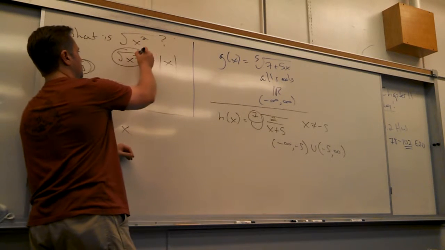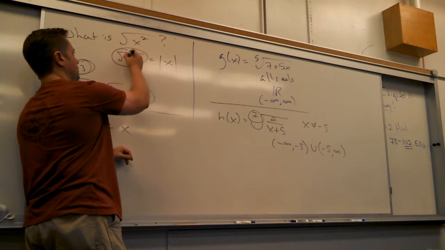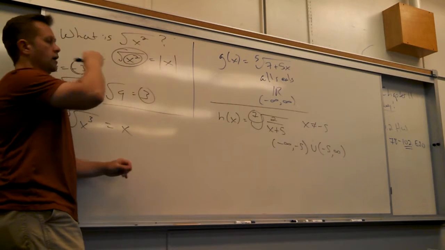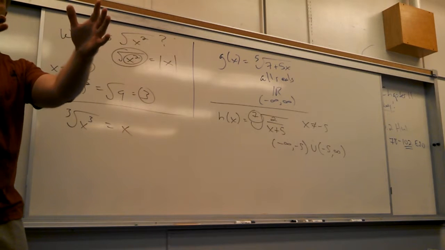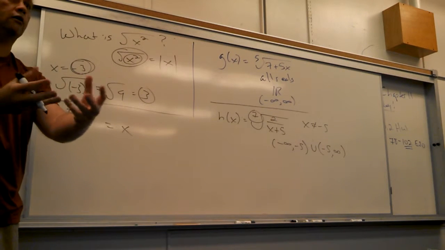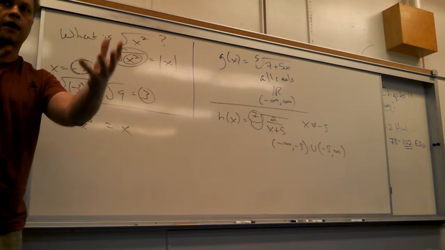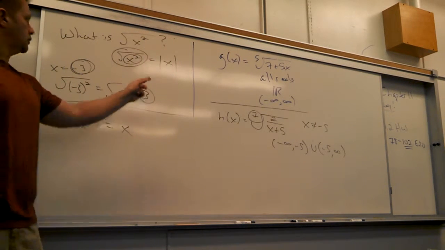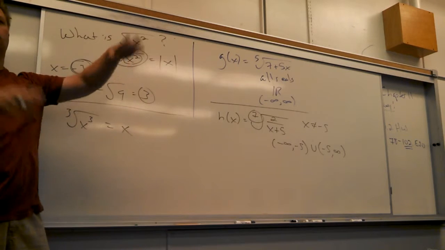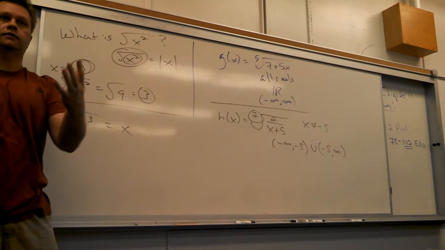Well, and this is, so there's two questions. Domain asks, what am I allowed to put in? So I could put whatever x I want in there, because I square it, so then the square root won't freak out, right? What makes the square root freak out is if the inside is negative. If I square a real number, will it ever be negative? No. So the domain of this would be all real numbers, because I'm squaring the inside. The inside can't be negative.